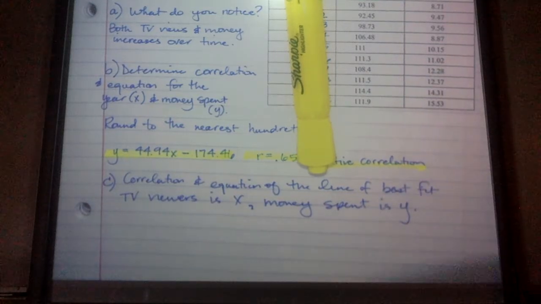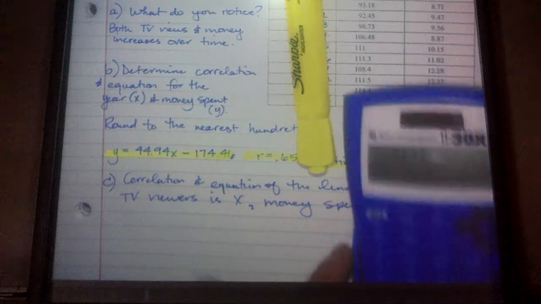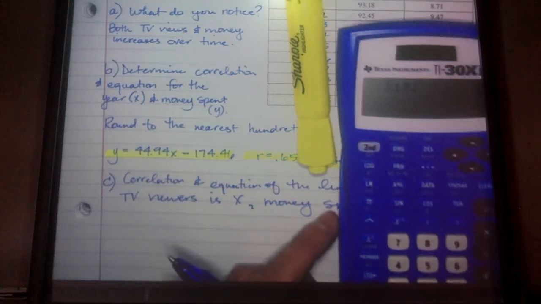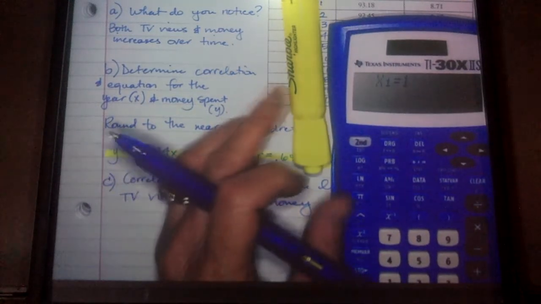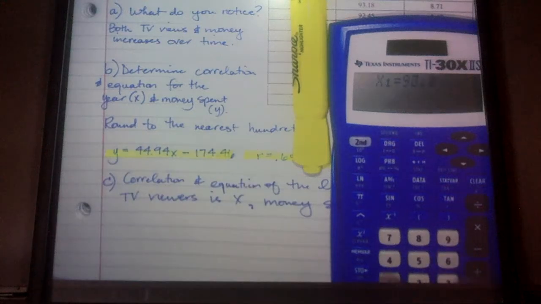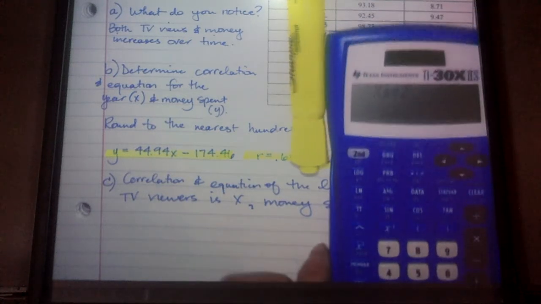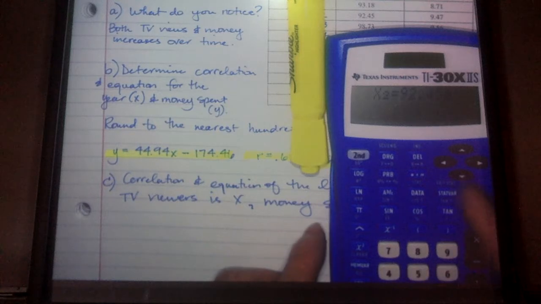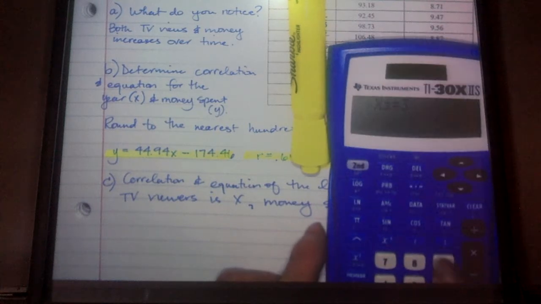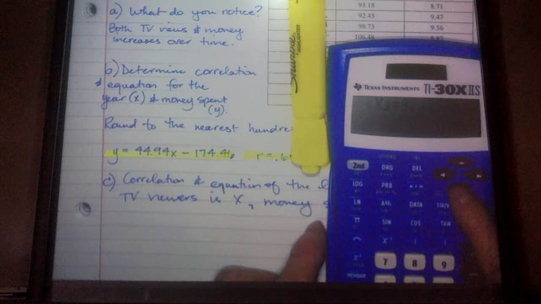So grab your calculator, hit data. We're just going to go down the line. So for X1, I'm entering 93.18. But my Y value is staying the same because money is still Y. X2, 92.45, same Y. X3, 98.73.